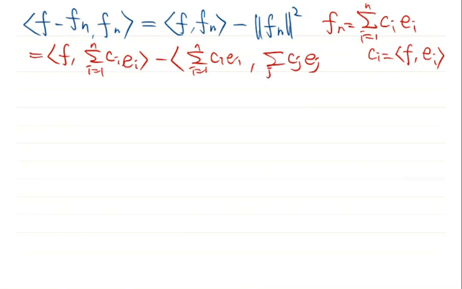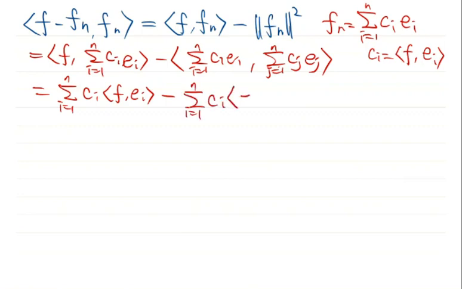You can also represent fn by the sum of cj ej. Using another letter to denote the summation is okay. Now this is the sum of ci times the inner product of f and ei, the first term. The second term, using the trick, you see that is the sum, i from 1 to n, of ci ei with the sum over j from 1 of cj ej.